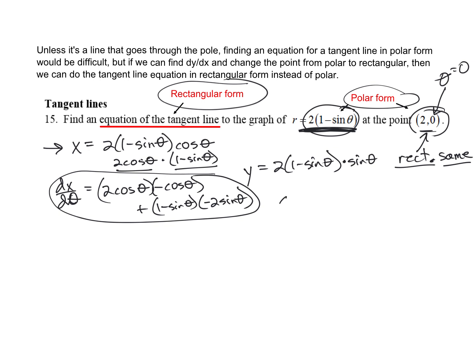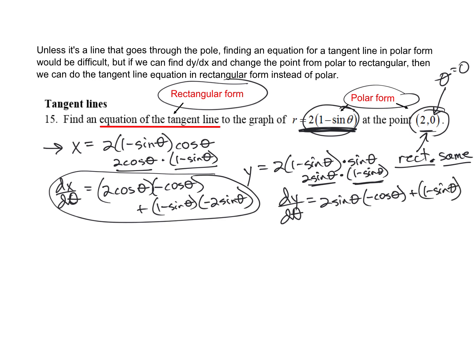So we're going to plug in 0 for that and simplify. Okay, so our dy/d theta, let's get our formula for that, is the same thing. I'm going to put the 2 over here, so we'll make it 2 times the sine of theta times (1 minus sine of theta). That's what I'm doing my product rule on. So we have the first times the derivative of the second plus the second times the derivative of the first.